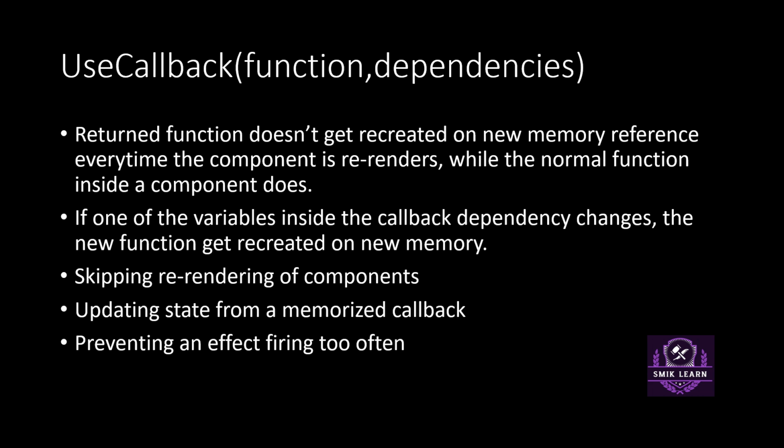While the normal function inside the component does. So a normal component will be removed, a new component is created, and then it will be re-rendered. But if you use the useCallback function, that will not happen. So this will reduce the memory usage, so the rendering will be much faster.